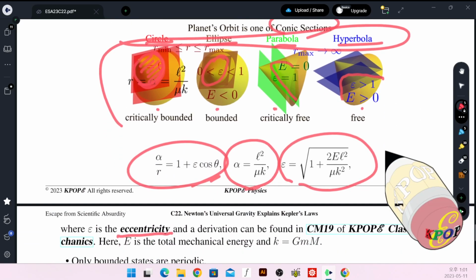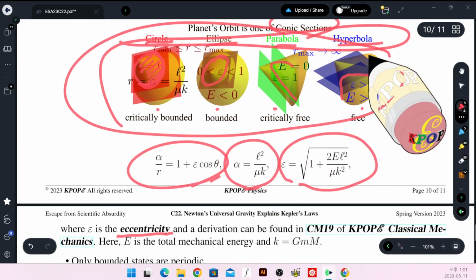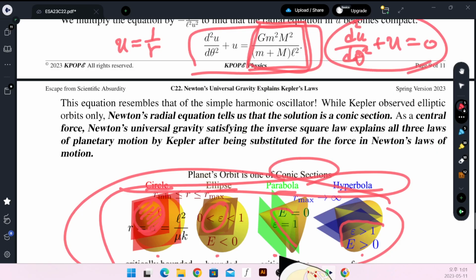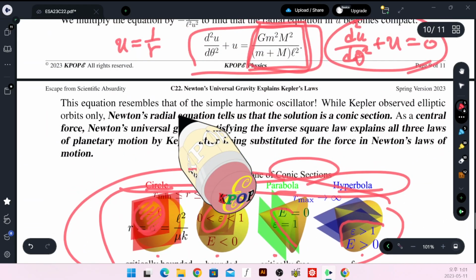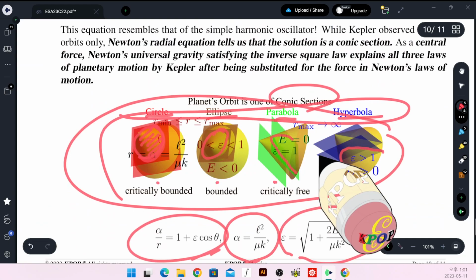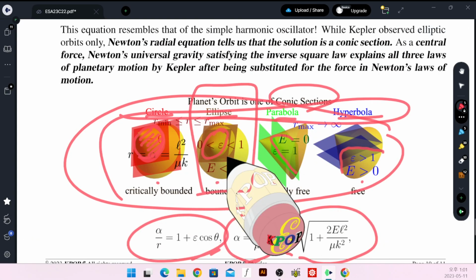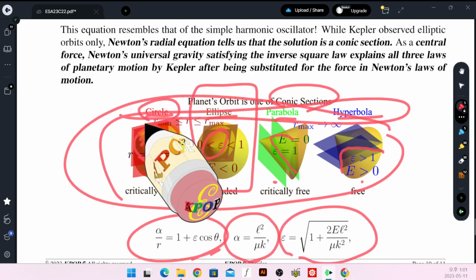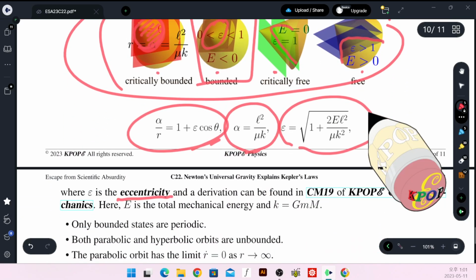All of these are allowed by Newton's law of motion and Newton's universal gravitational force. Unfortunately, Kepler knew only the observable case, and the extreme cases, these two, were not observed by Kepler.